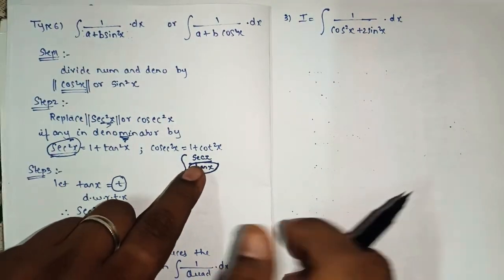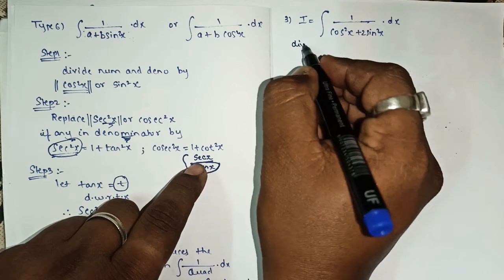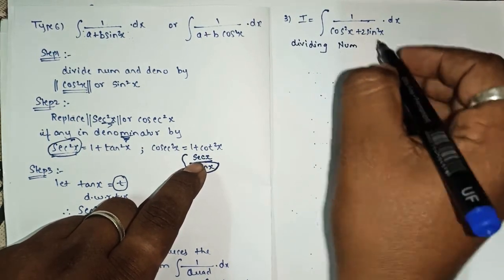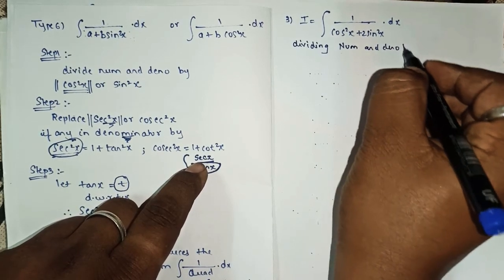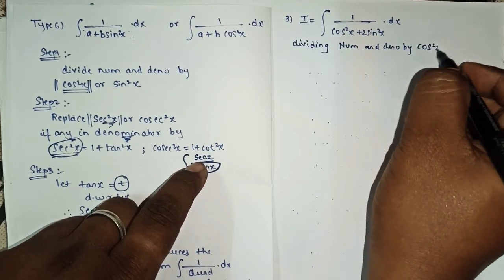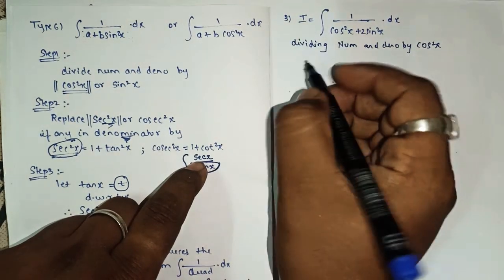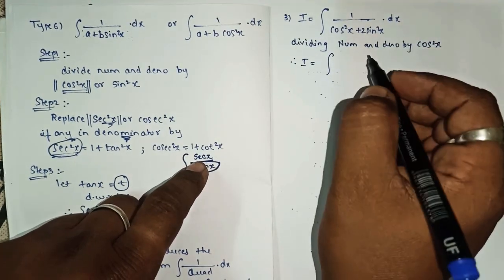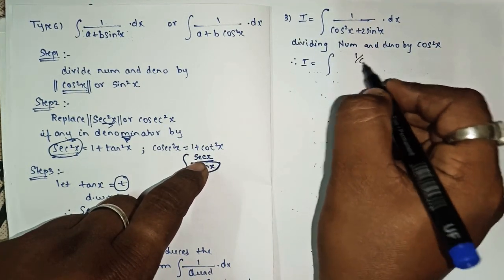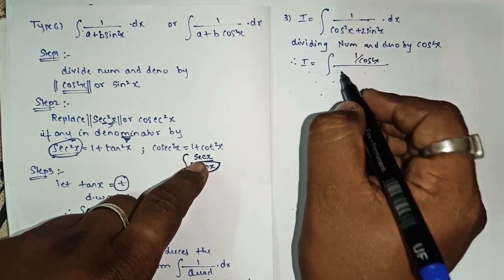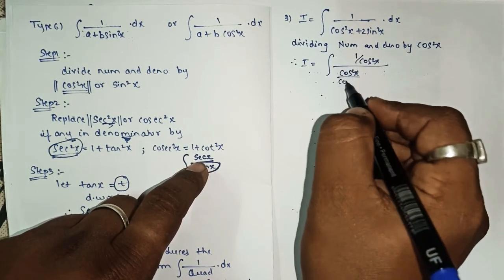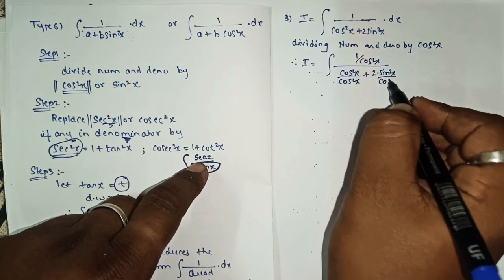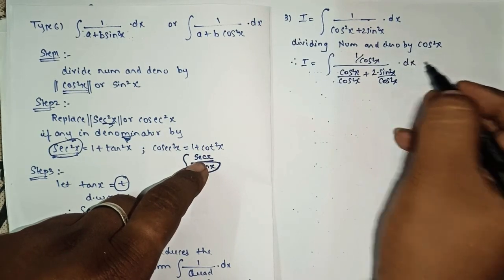We'll follow the steps. First step is what? We have to divide the numerator and denominator by what? Cos square. We'll stick with cos square only. Okay, so therefore I will be equal to, so here we have cos and sin together, 1 upon cos square x upon cos square x plus 2 into sin square x upon cos square x into dx.